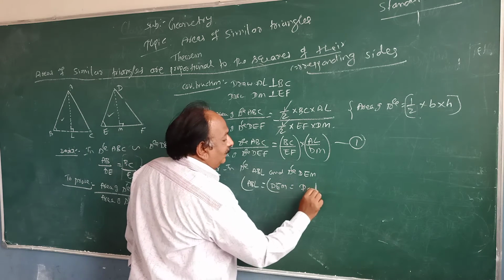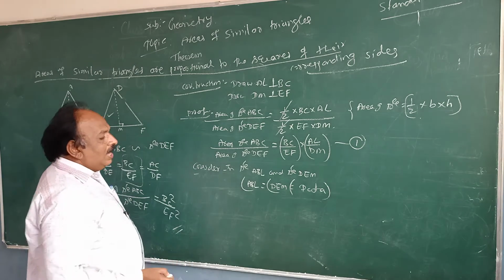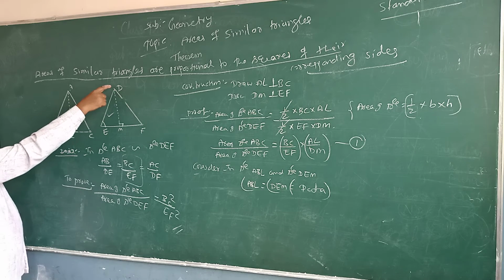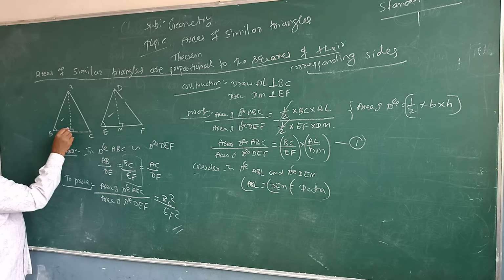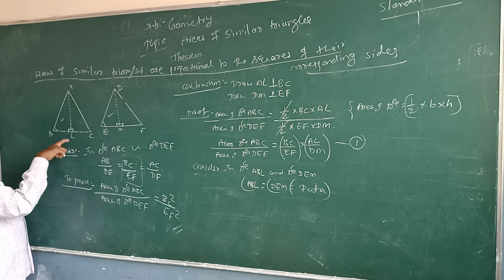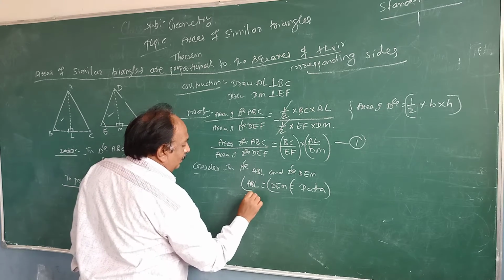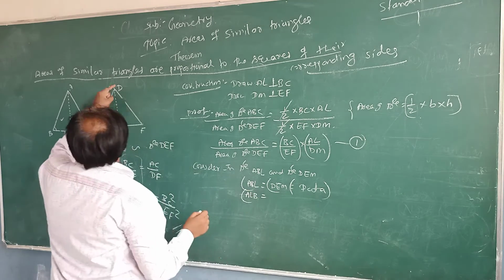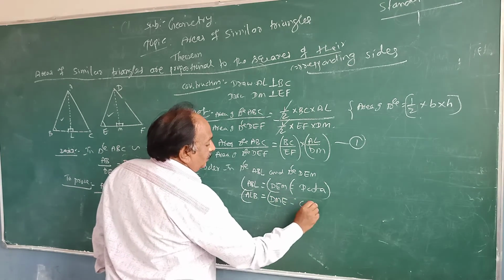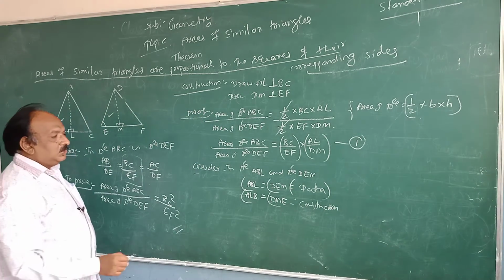This is from the data; we may directly write angle B is equal to angle E. And this is perpendicular, this is also perpendicular. Angle ALB is equal to angle DME. This is from the construction.